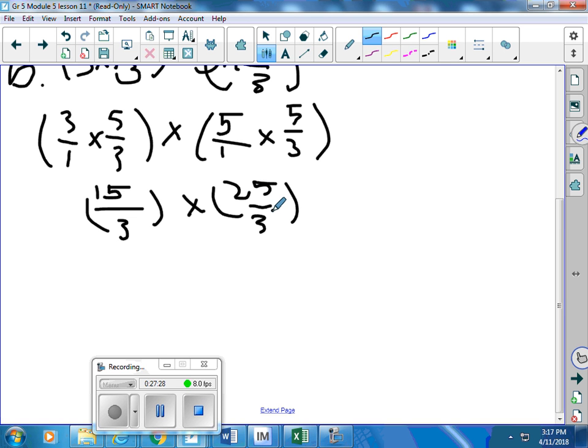But what I am going to do is I'm going to cross simplify. I'm going to say 3 goes into 3 one time, and we're going to make that 3 goes into 15 5 times. So I'm going to simplify before I ever do the math because otherwise that might be difficult. So 5 times 5 times 25 equals 125 over 3. So that is now my answer, but I can't leave it like that because it's improper. So 3 goes into 125.